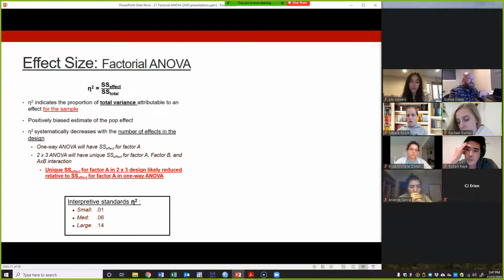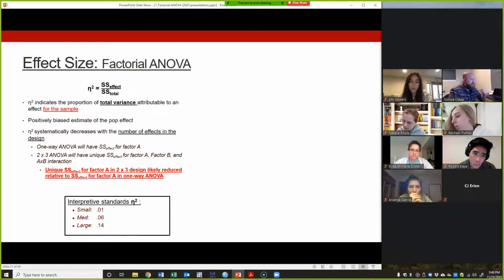But then if I rerun this analysis as a 2x3 ANOVA, so I'm looking at the impact of film and sex and the interaction on my outcome, what I'm now going to have is a sum of squares effect for factor A, a sum of squares effect for factor B, and then my interaction.